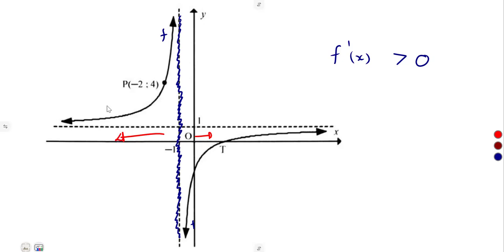So the question is, what is happening on the left side? We can see that the graph here is making an increase as y is going up. That's an increase. And this one is also an increase. Both are increasing, exactly what we need here: the first derivative greater than 0, which is an increase, being positive.